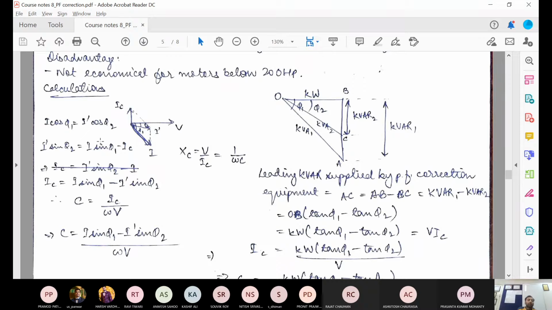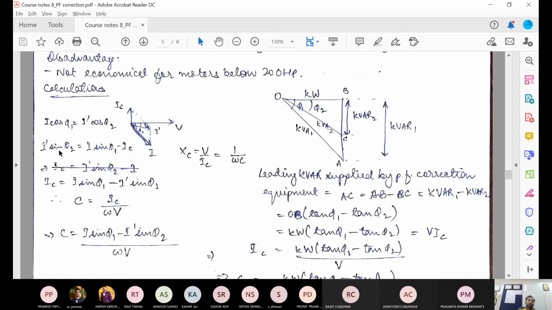That is one thing. The second thing was that if we take the projections on the vertical axis, then we can say that I dash sine phi 2, the reactive component of the current, or the reactive power now being consumed by the circuit, is equal to I sine phi 1, the earlier reactive component of current, minus IC, because that is leading and this was lagging.